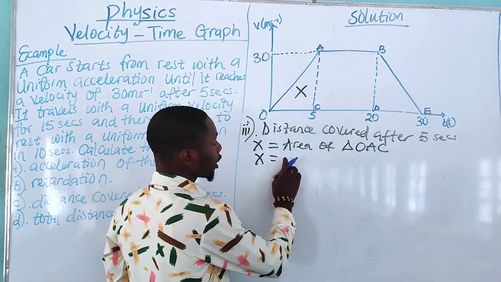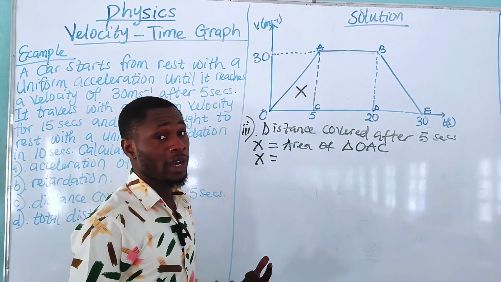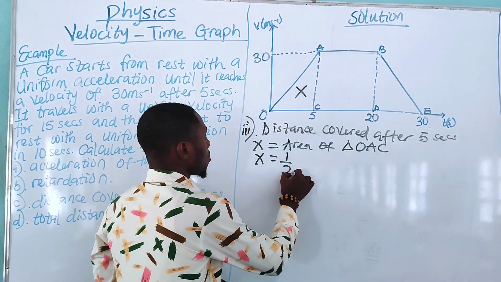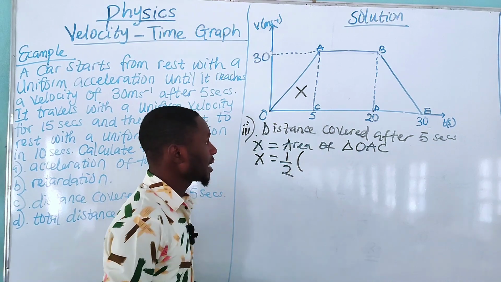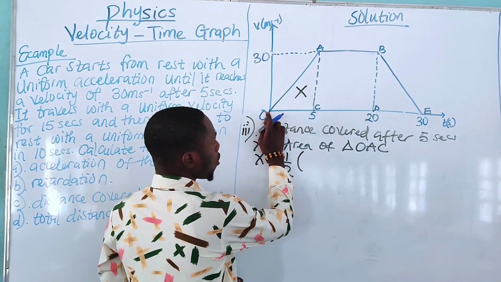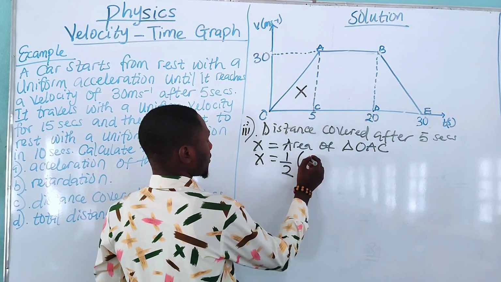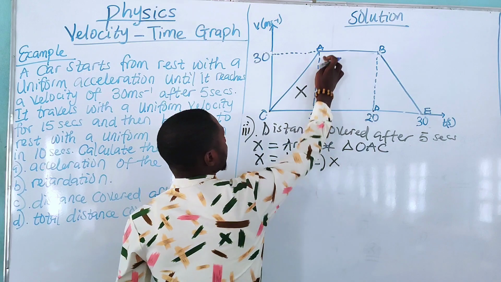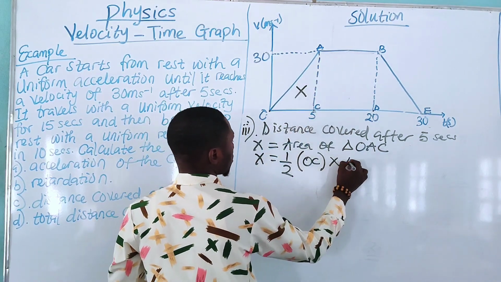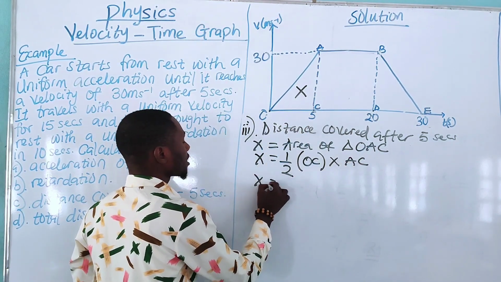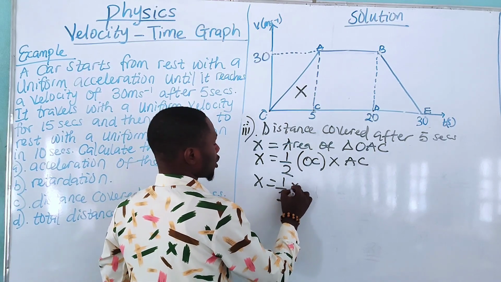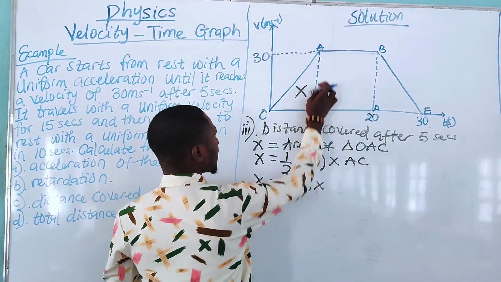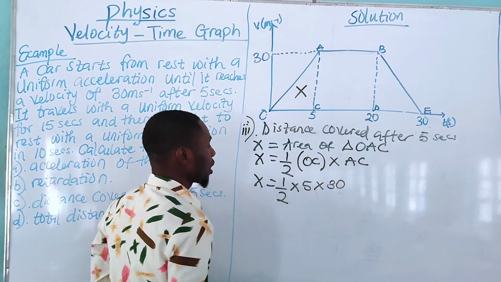So the distance will be equal to, and the formula for the area of a triangle we know is half base times height. So that will give us 1 over 2. Now the base in this triangle is OC. This OC is the base. So half OC times the height of the triangle, which is AC. So X becomes 1 over 2 multiplied by OC, which is 5, times AC, which is 30.